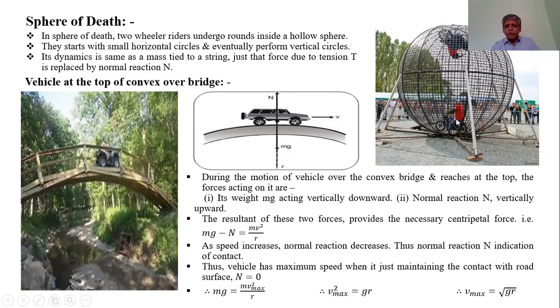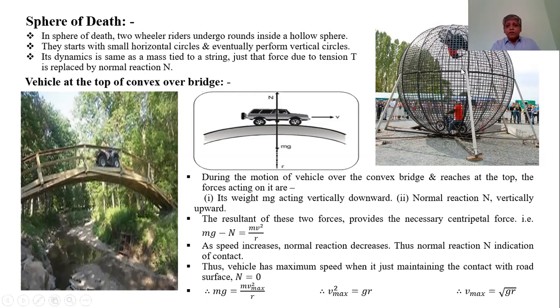In that hollow spherical body, two-wheeler riders can be in motion. The riders can move in horizontal circular motion, inclined circular motion, or completely vertical circular motion. This is the sphere of death. We have already seen it in the circus.